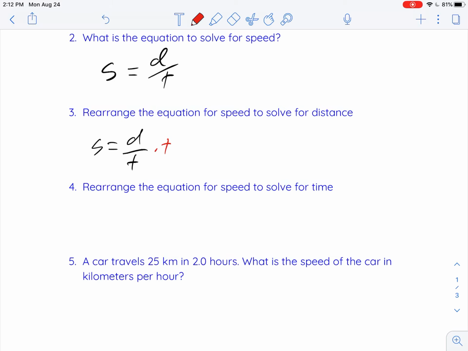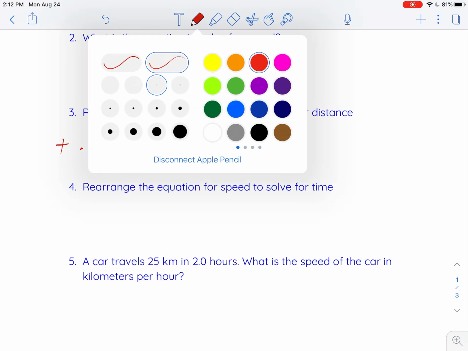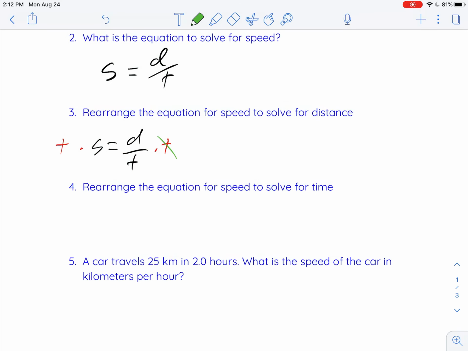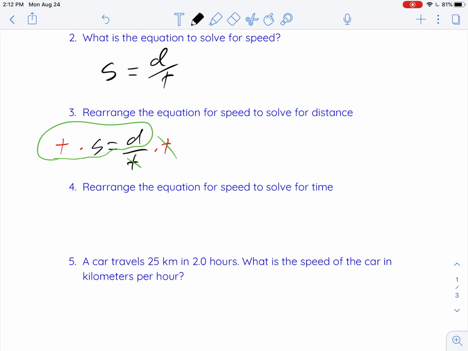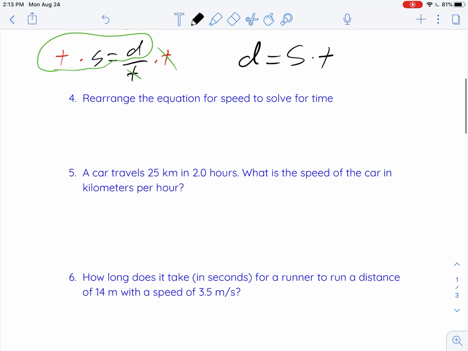But if I do it to one side of the equation, I need to do it to the other to maintain the equality. When I do that, you'll see that the time variable factors out, and I'm left with time times speed is equal to distance. Okay, so I'm just going to rewrite that a little nicer. Since this says solve for distance, d is equal to s times t, or speed times time is equal to distance.